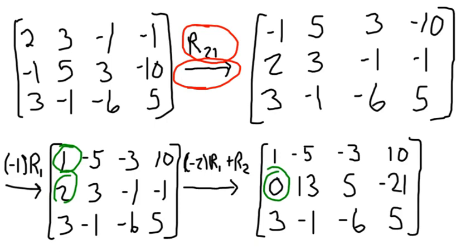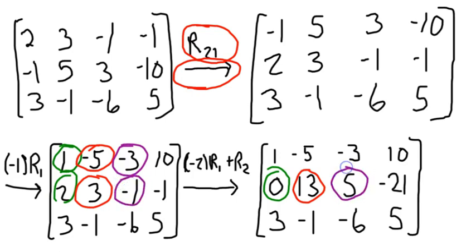Alright, we're going to do the same thing for the next step. We're going to take -2 times 5, which would give us positive 10, add that to row 2, so 10 plus 3 gets us our 13. We would continue this pattern on for the rest of them. We're taking -2 times -3 to get 6. 6 plus a -1 gets us our 5.